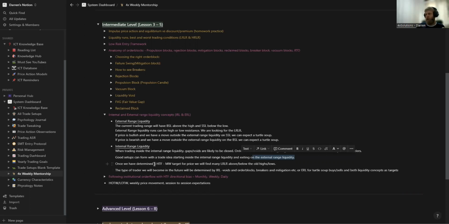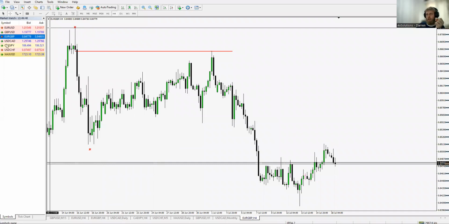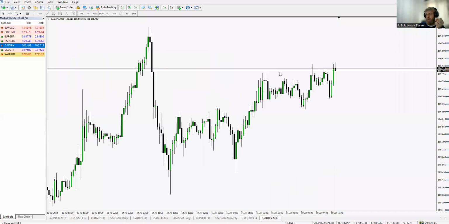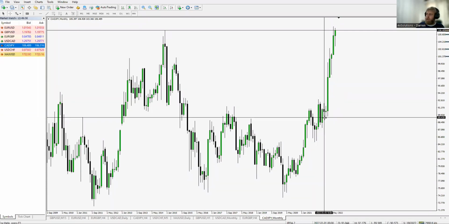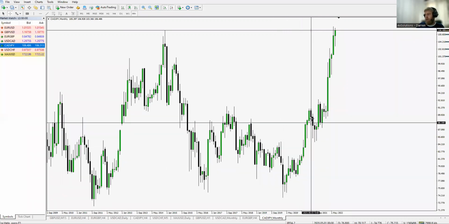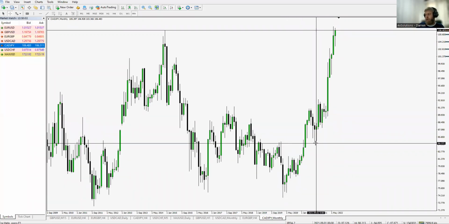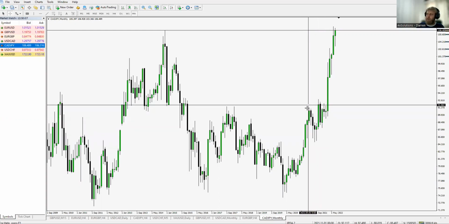So it's sort of relevant, and if we get a bias from like a monthly or a weekly, and we say let's get CAD JPY for example, and we start looking at the monthly, every time price makes some kind of swing low and expands away, retracement, expands higher, it's exceeding that particular range's liquidity.